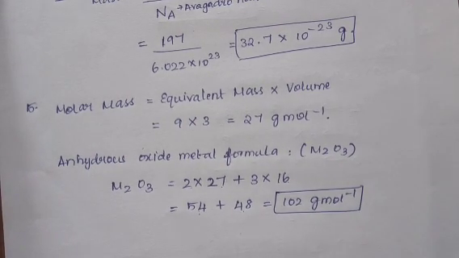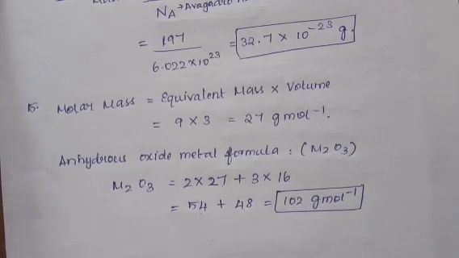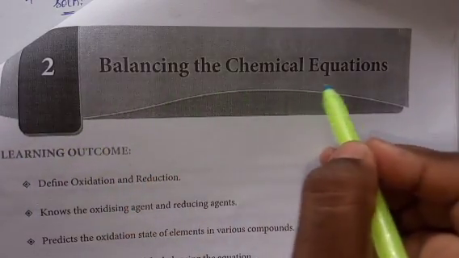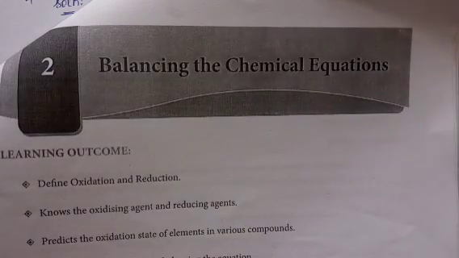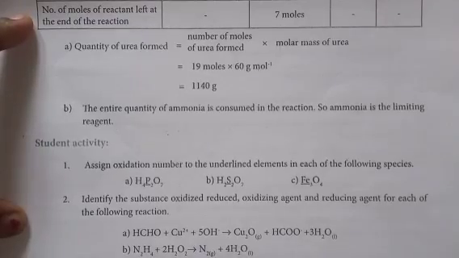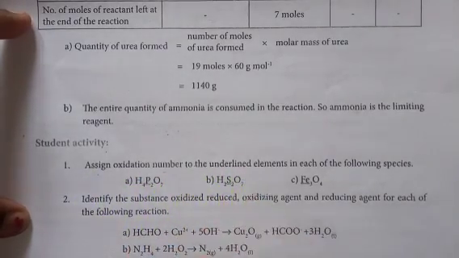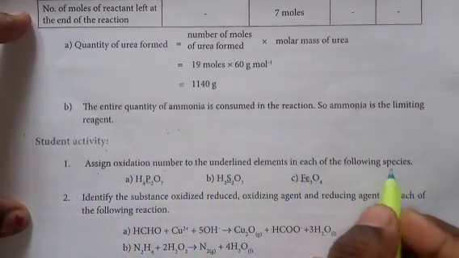So we have completed the answers for chapter 1, basic concepts of chemistry. Now we are moving to chapter 2, balancing the chemical equations. Student activity, first one: assign oxidation number to the underlined elements in each of the following species.